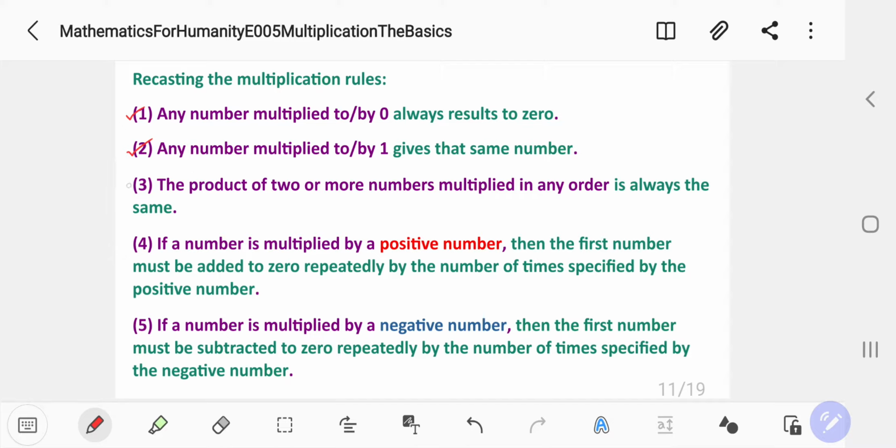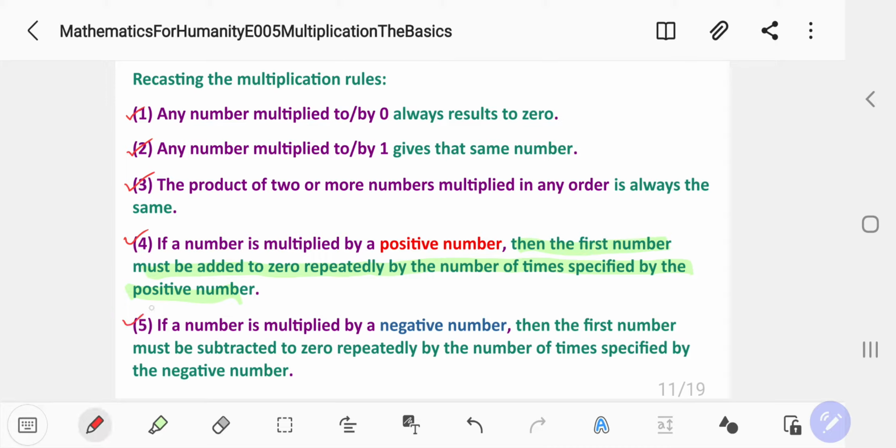Rule number 3, the product of 2 or more numbers multiplied in any order is always the same. Rule number 4, if a number is multiplied by a positive number, then the first number must be added to 0 repeatedly by the number of times specified by the positive number.